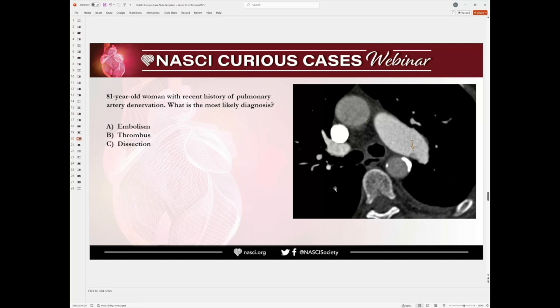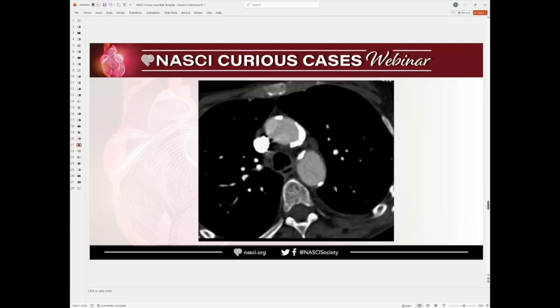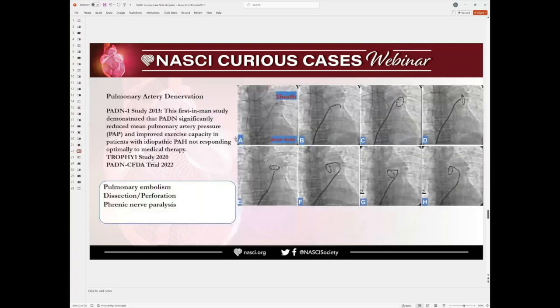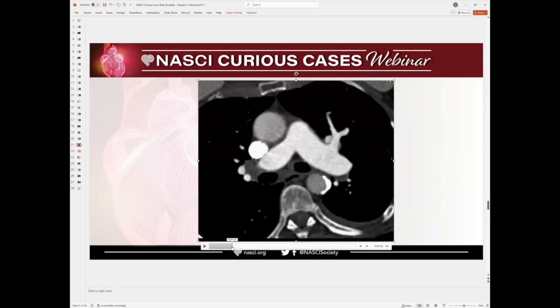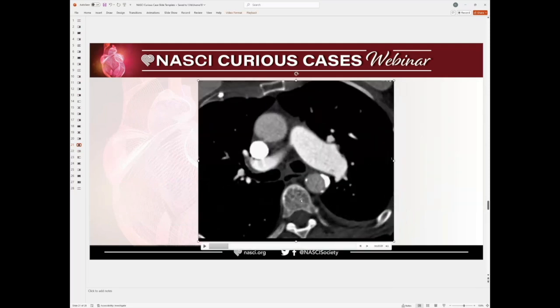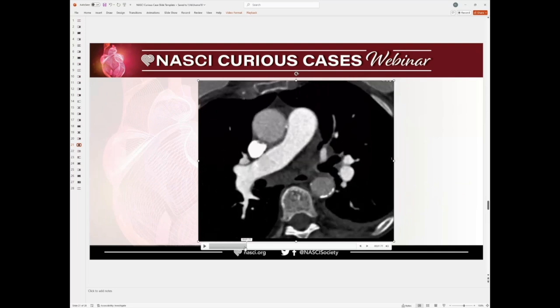Let me give you a little bit of information. This was the full scan, but as I said, that was the only finding. I don't know if I would have been able to catch it, but the resident caught it. This was a weekend call case.